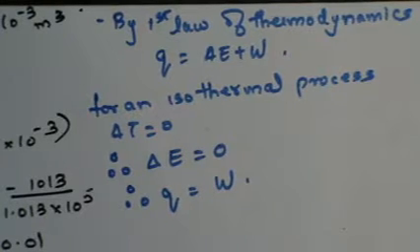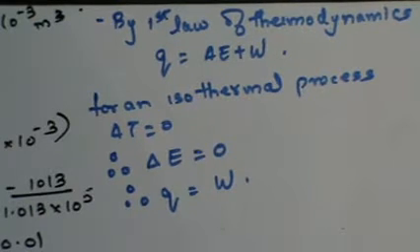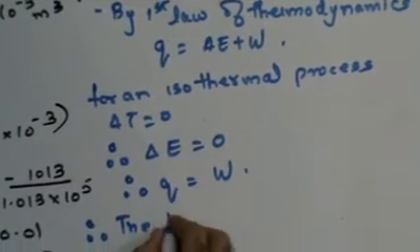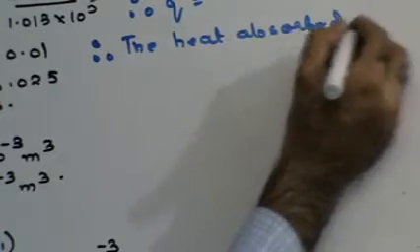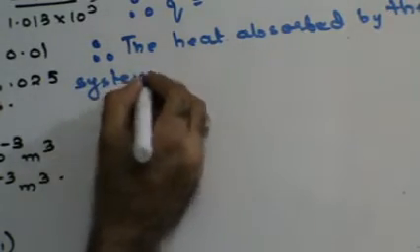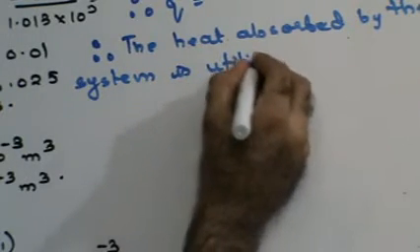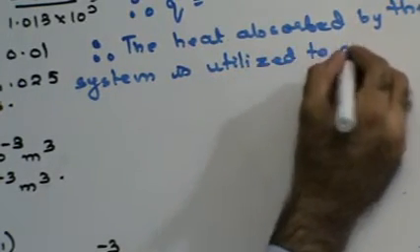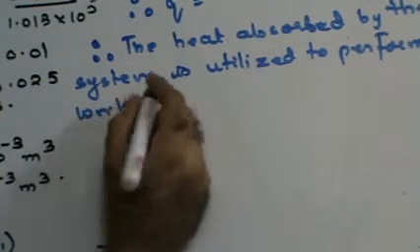And that is the reason why you have maximum work done in an isothermal reversible process. I can say therefore the heat absorbed by the system is utilized to perform work by the system.